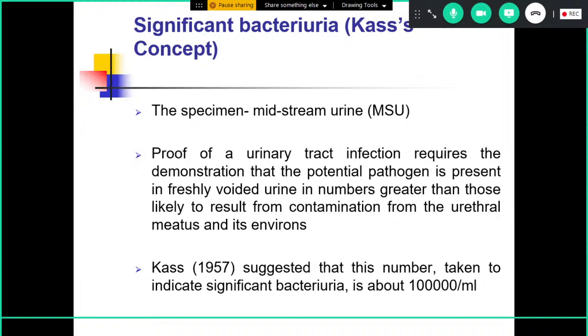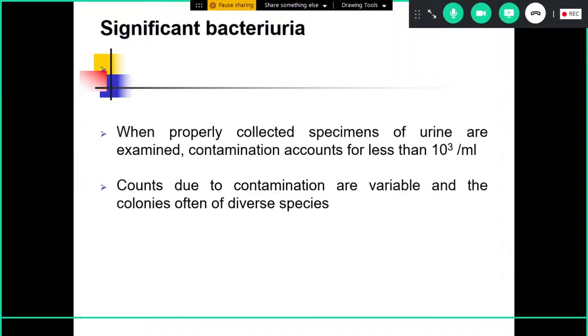So we have to treat the patient individually, take each one individually and see where to consider counts as significant. Another important thing, apart from the number, is that when the bacterial species that grow are contaminants, then the counts are not only low, mostly the colonies are variable and diverse.